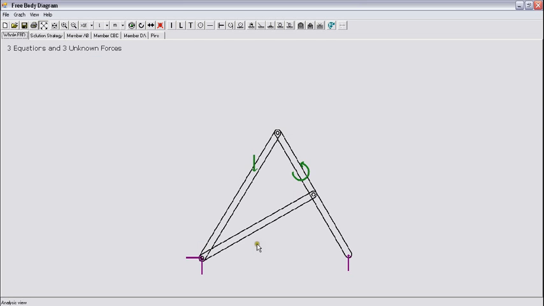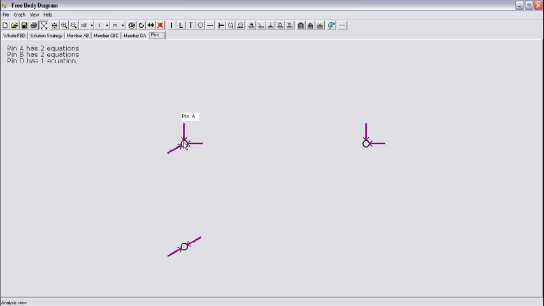But when more than two things are happening at a pin, like in here, you will have to draw the free body diagram of the pin. This concludes this video.